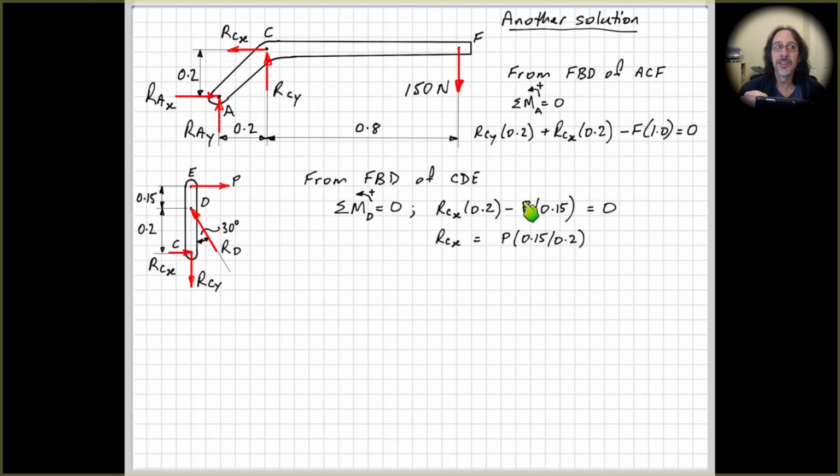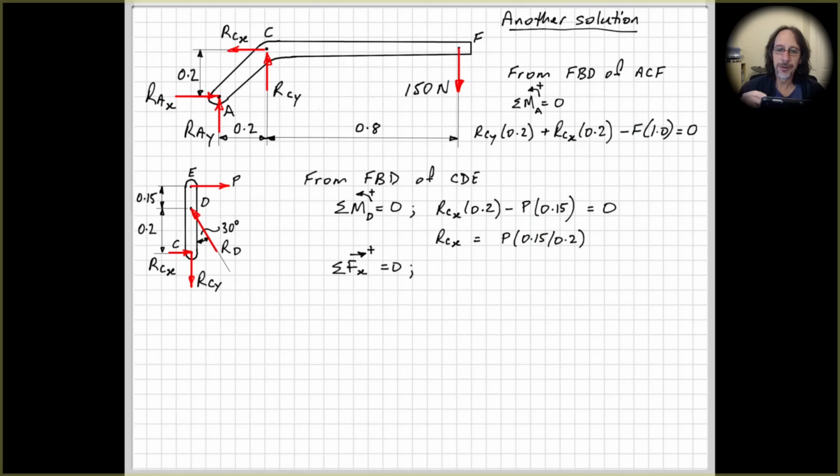So thinking ahead to what I'm trying to do, the unknown force P is what I'm eventually trying to get to. So I could substitute this value into here, and I'm getting a little bit closer. I know F is 150, so I'm getting closer to my solution.